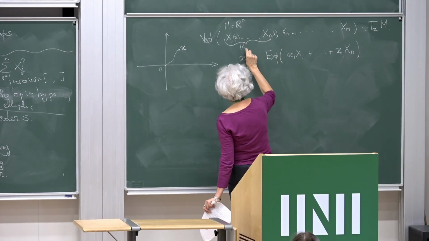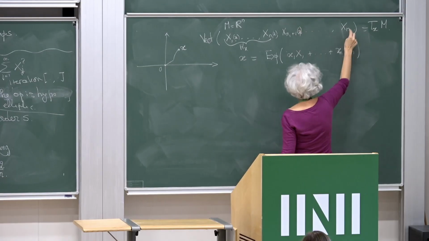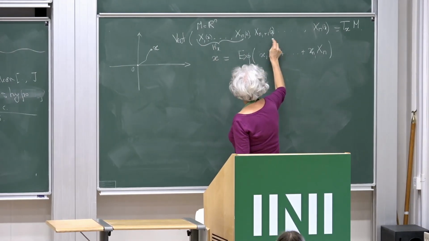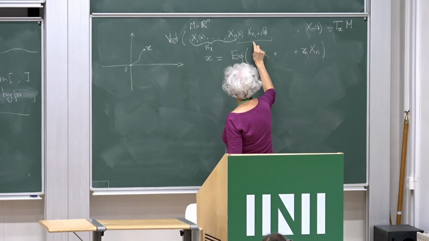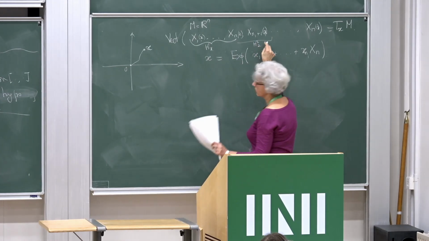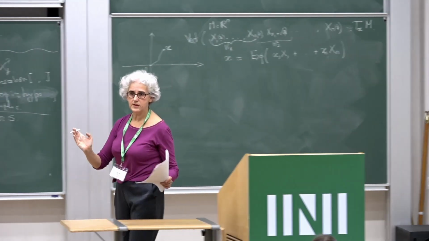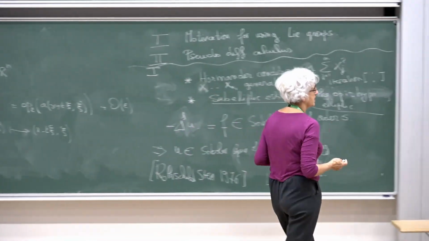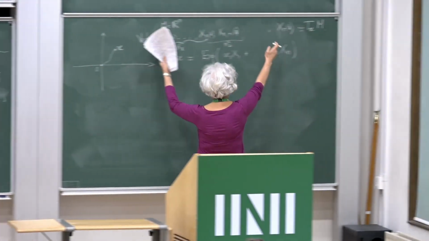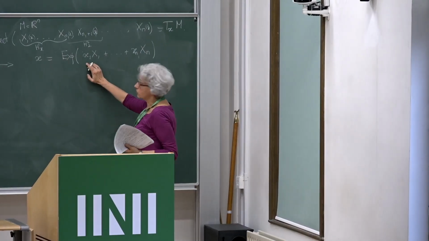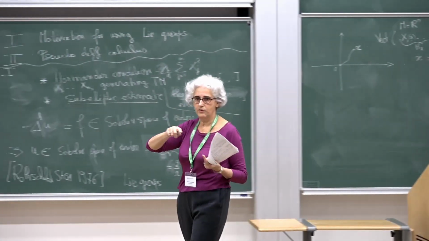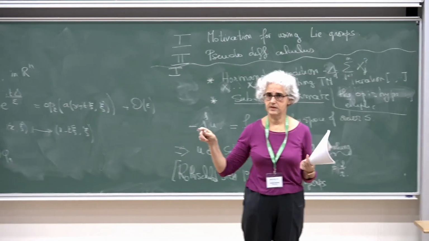If I add these ones, I will be in H2x and so on. So I choose the vector fields in my frame in a basis manner, and I say these vectors are the good data for my problem, and I try to realize my point as a flow using these vector fields.